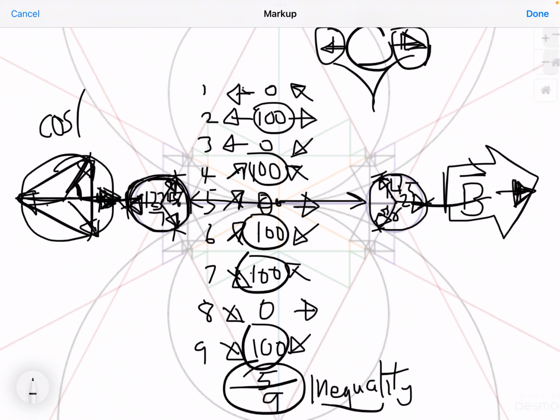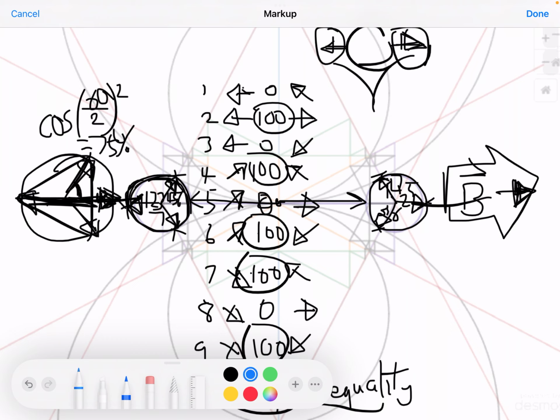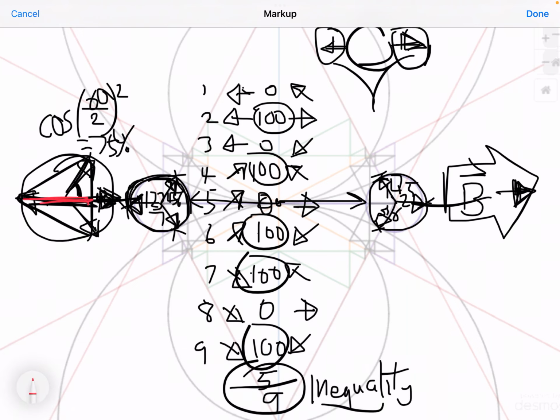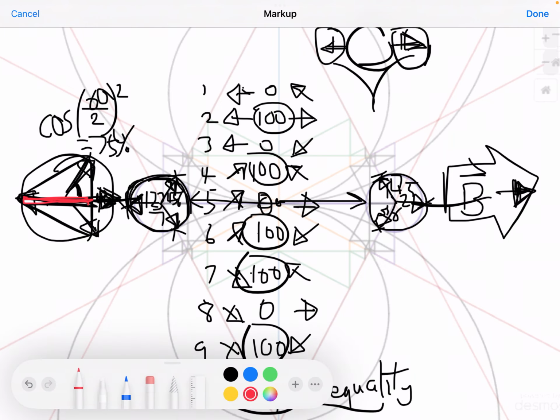In this case, it happens to be 60 degrees. You halve it, spin half particle, and you square it, and the answer you get is a 75% probability for that one. And what is that length? Well, it's actually that length there. It's 0.75 of 1, if 1 being the total diameter of that circle. So that's how it's worked out.